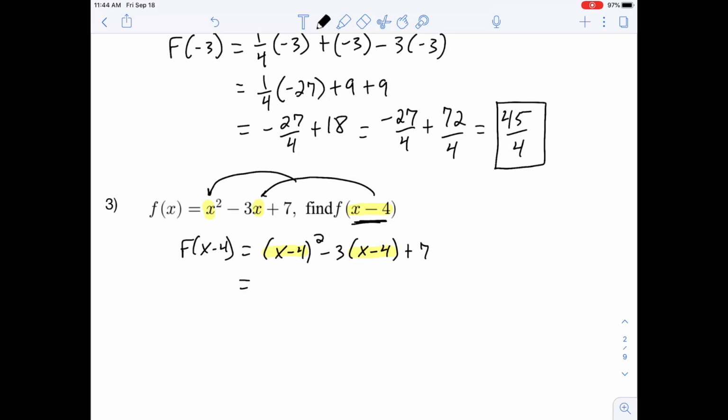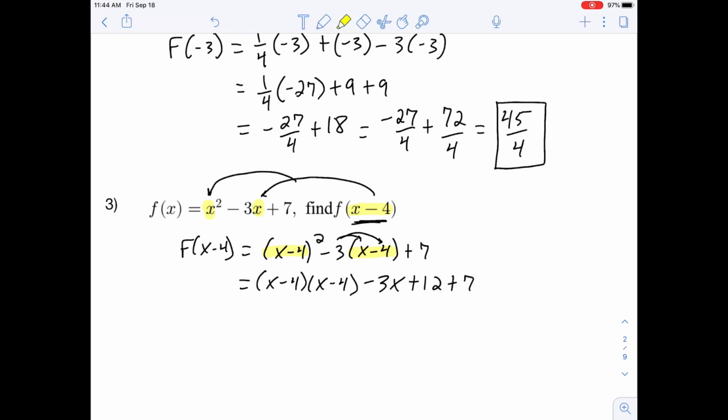So then x minus 4 squared, I'll just write this out. It means x minus 4 times x minus 4. A lot of students like to say that that equals x squared plus 16, but that's not the case. We've got to multiply this out, distributive property. Then here I'm going to distribute. So it's going to be negative 3x plus 12, because I multiplied this times this and this times this. And then I have the plus 7.